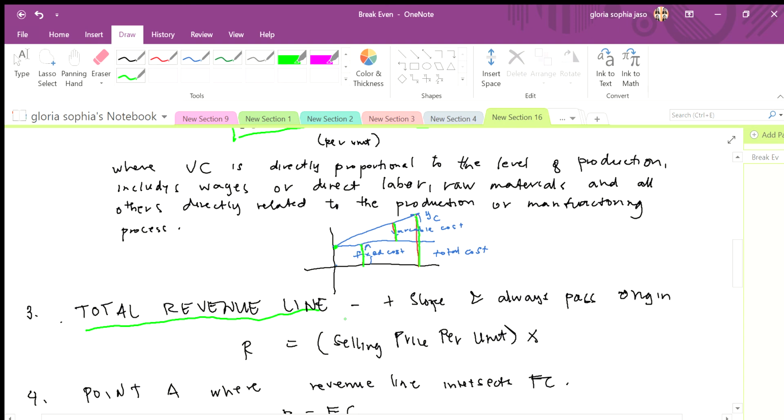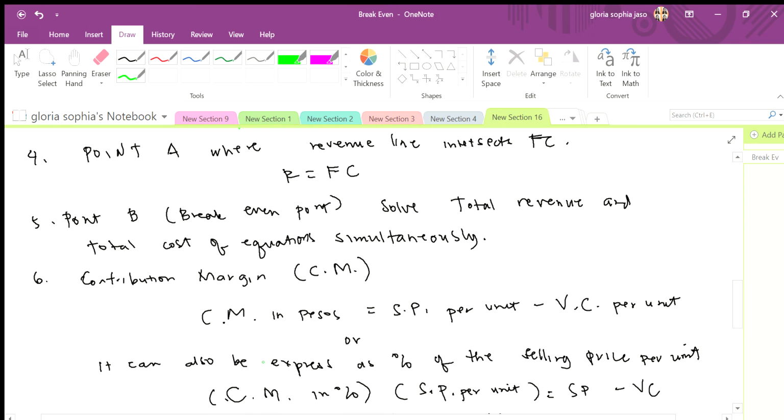The total revenue line has a positive slope and always passes through the origin. So the equation can be written in this form: R equals selling price per unit times X.